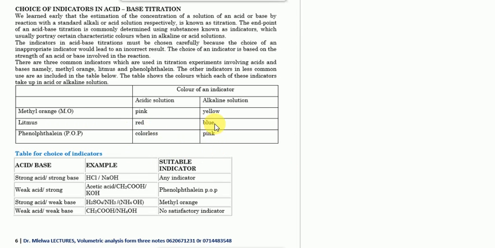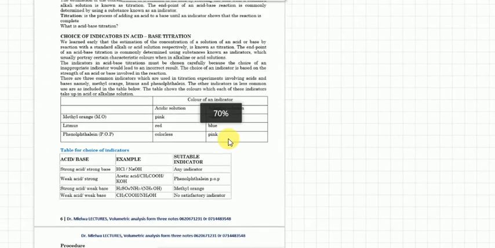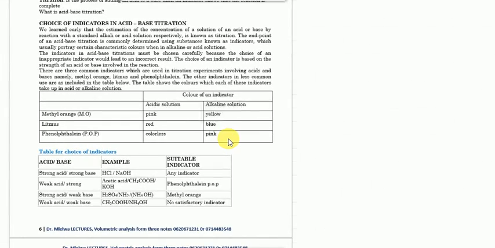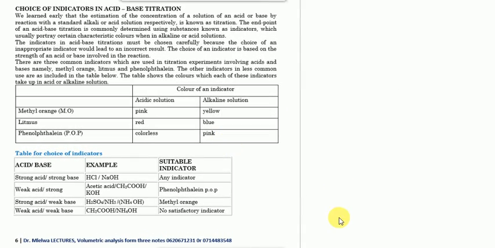Litmus kuna kwa red, kwa blue. Phenolphthalein, POP huku inakuwa ni colorless, huku pink. In terms of the indicators which you can use with respect to different types of solutions ambazo zinakuwepo, first tunaweza kuwa tuna strong acid na strong base, kwa mfano HCl na sodium hydroxide.